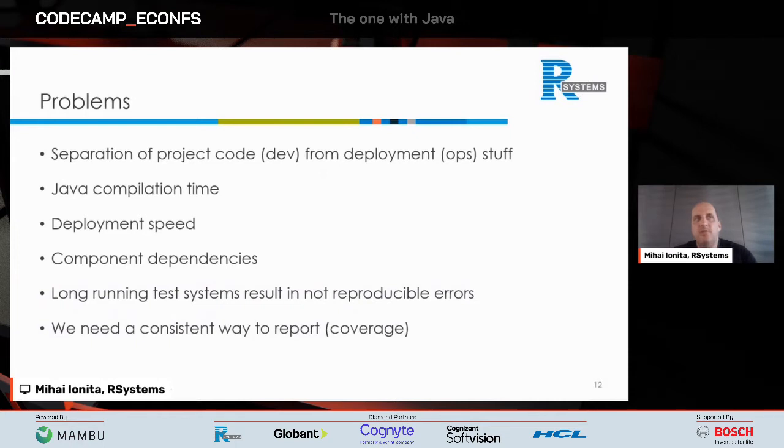You may have just upgraded the version of some third-party program, and by the time you reach the production system, you forgot about it, and suddenly the code doesn't work. And last but not least, reporting. Everybody loves a good report that is full of tests that have hopefully passed.